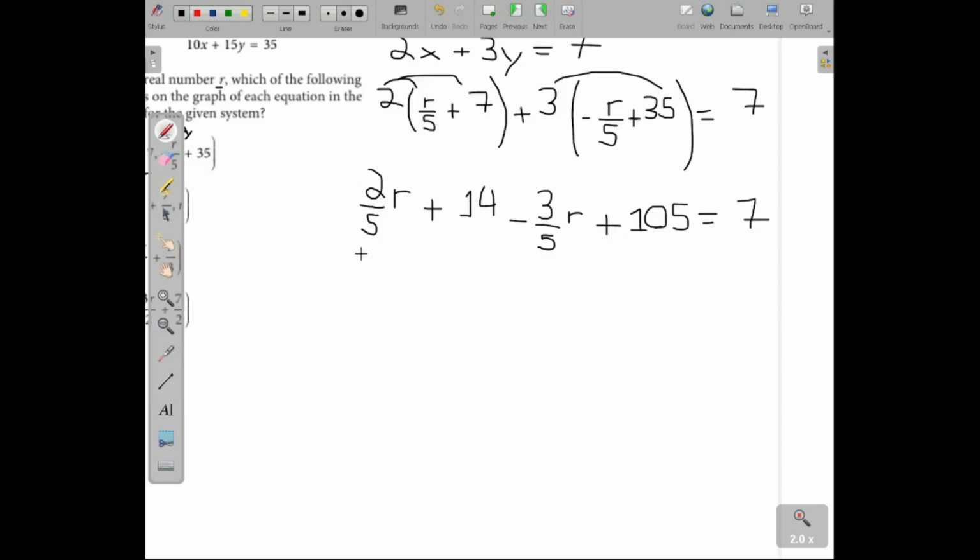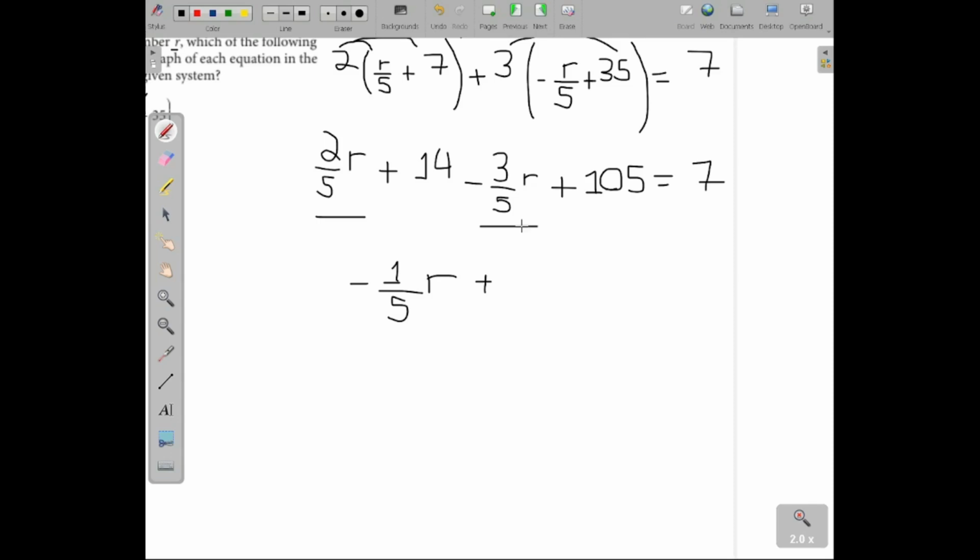Now we can add these terms. 2 over 5 minus 3 over 5 is negative 1 over 5 times r, plus 14 plus 105 is 119, equal to 7.